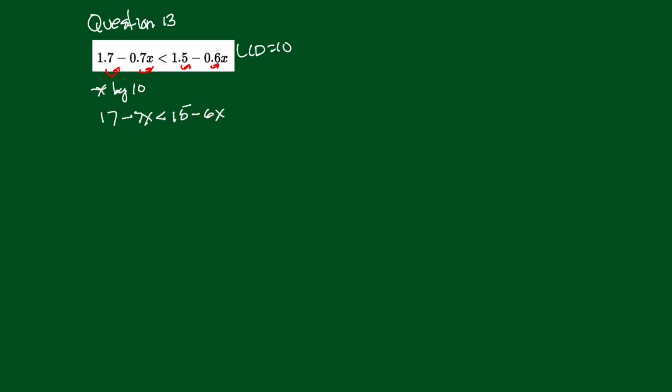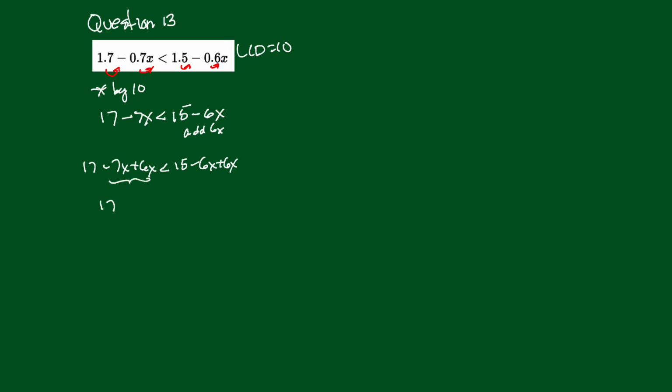Let's eliminate these. We're subtracting 6x, so let's add 6x. So if I add 6x, you know what? I'll write it. 17 minus 7x plus 6x, strictly less than 15 minus 6x plus 6x. On the left side, I get 17.